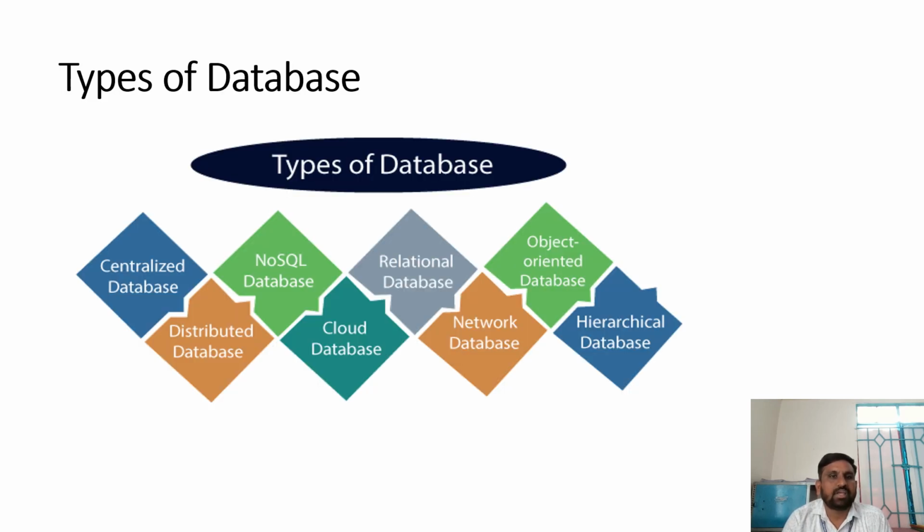Next one, types of database. First one, centralized database, distributed database, NoSQL database, relational database, object-oriented database, cloud database, network database, hierarchical database. These are all the types of database in database management system.